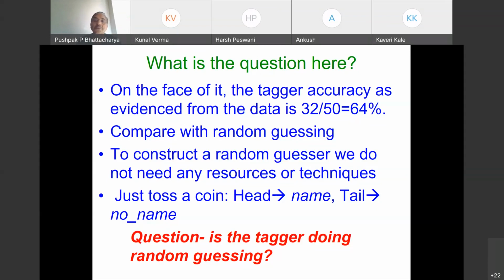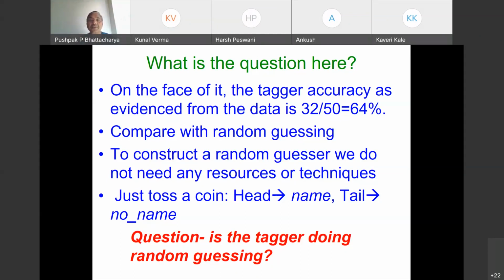If we perform the experiment a sufficiently large number of times, let's say on a 1 million token corpus, then we have to toss the coin 1 million times. And as you know, as the number of experiments increases, the probability will tend more and more towards 0.5 if the coin is unbiased. This you know, right?